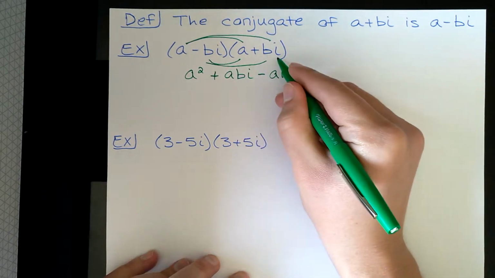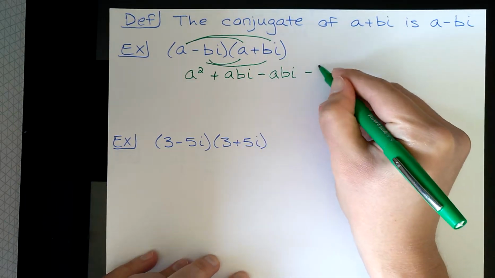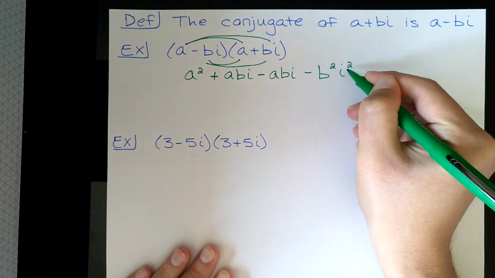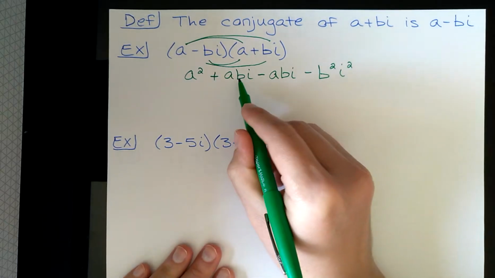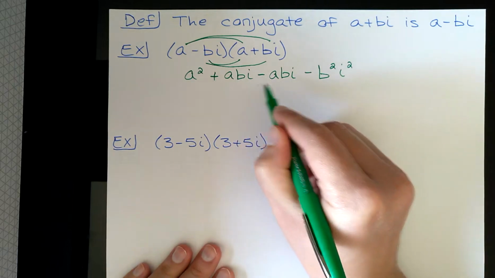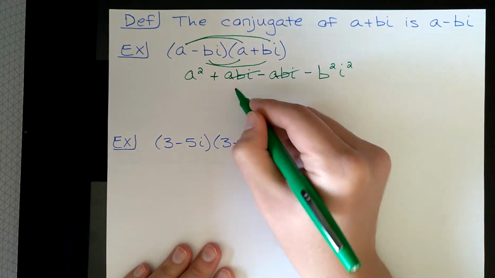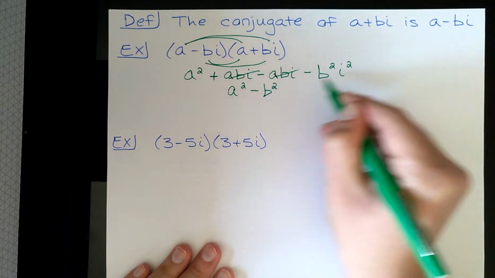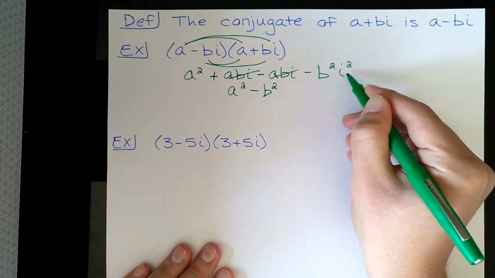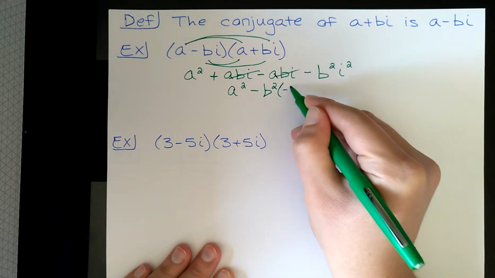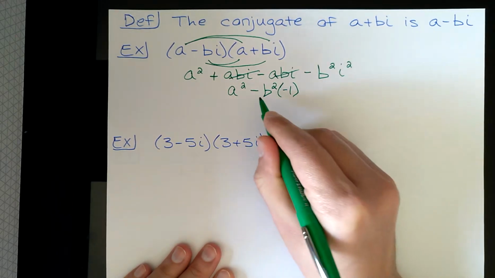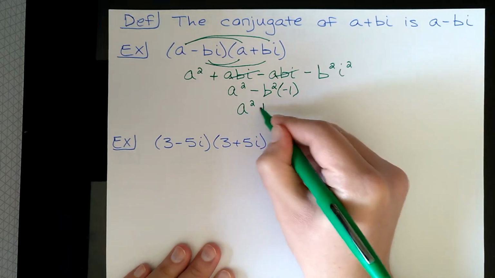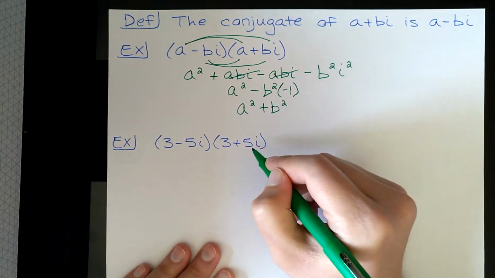And negative bi times positive bi is negative b squared i squared. Notice abi minus abi will cancel off, leaving us a squared minus b squared times negative 1 instead of i squared. And a negative times a negative gives us a positive b squared.